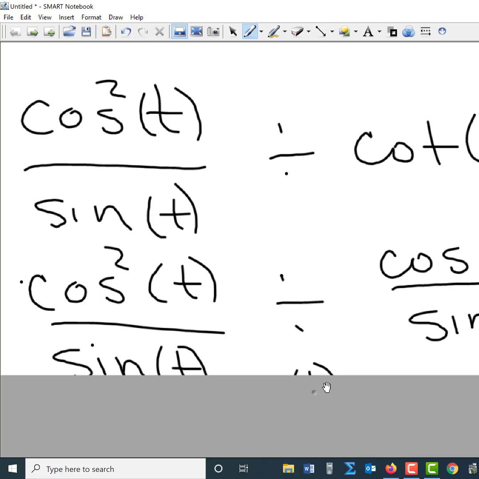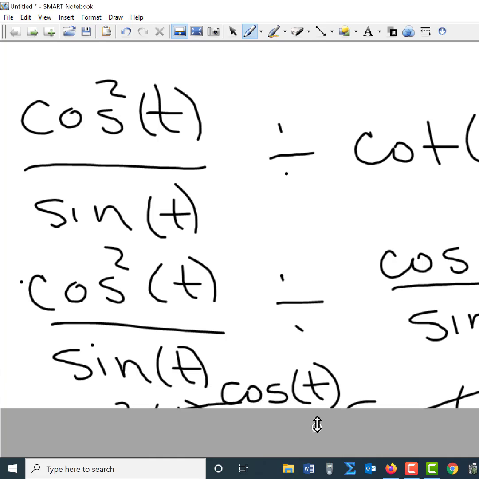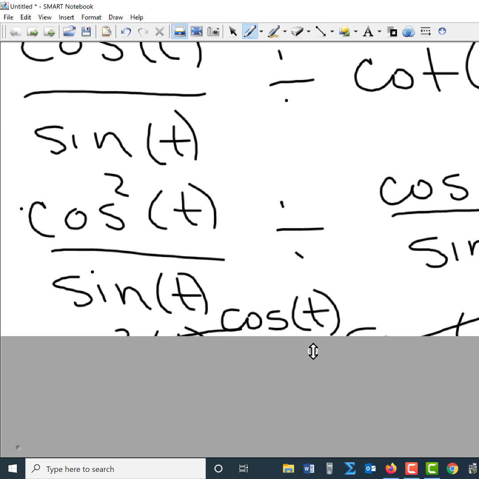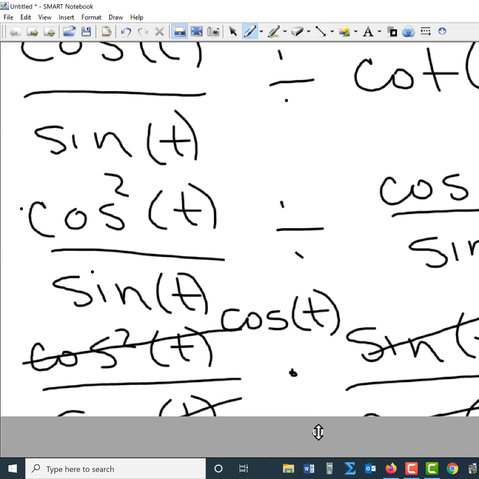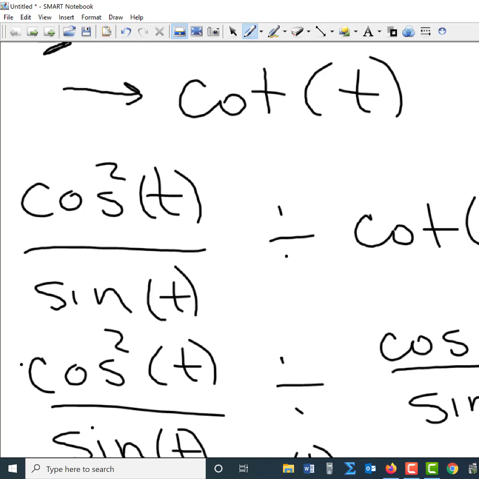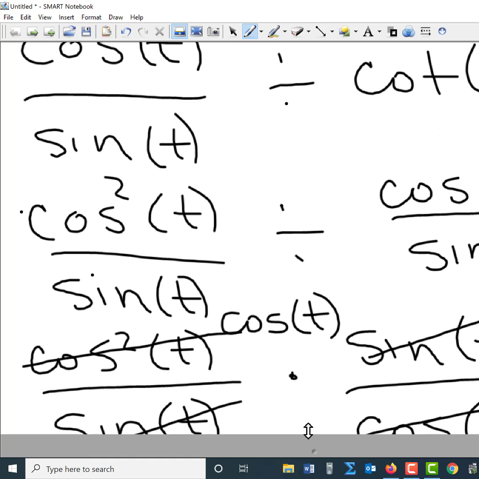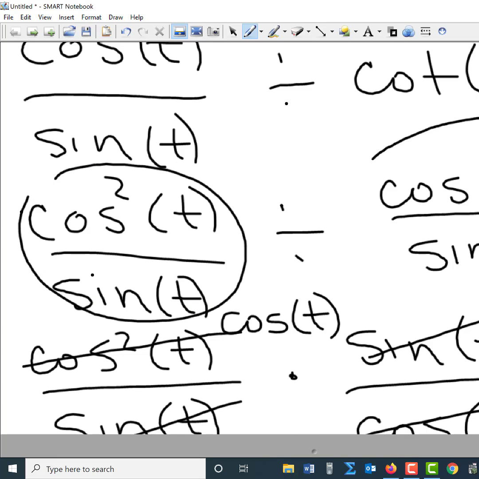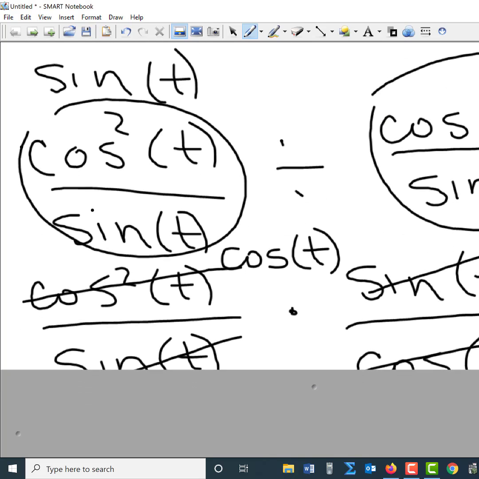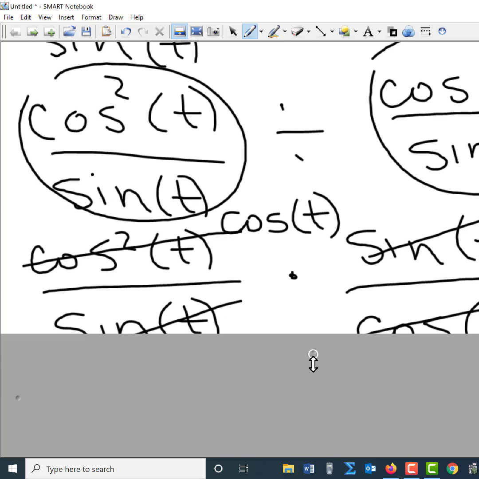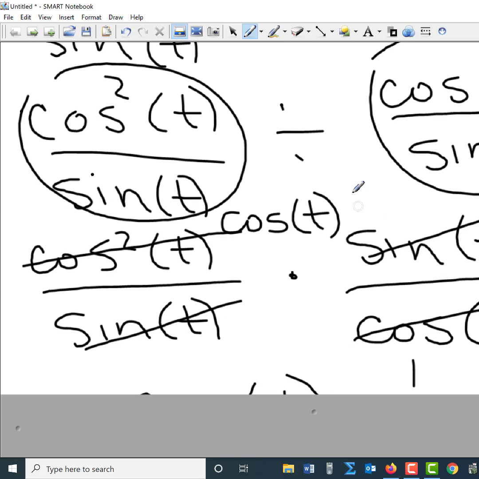When we divide with fractions, we turn the problem into a multiplication problem and flip the divisor, or the one on the right. So this was the top, this was the bottom. We're going to flip the bottom, so now it becomes sine over cosine. So that's what we have here, sine over cosine.